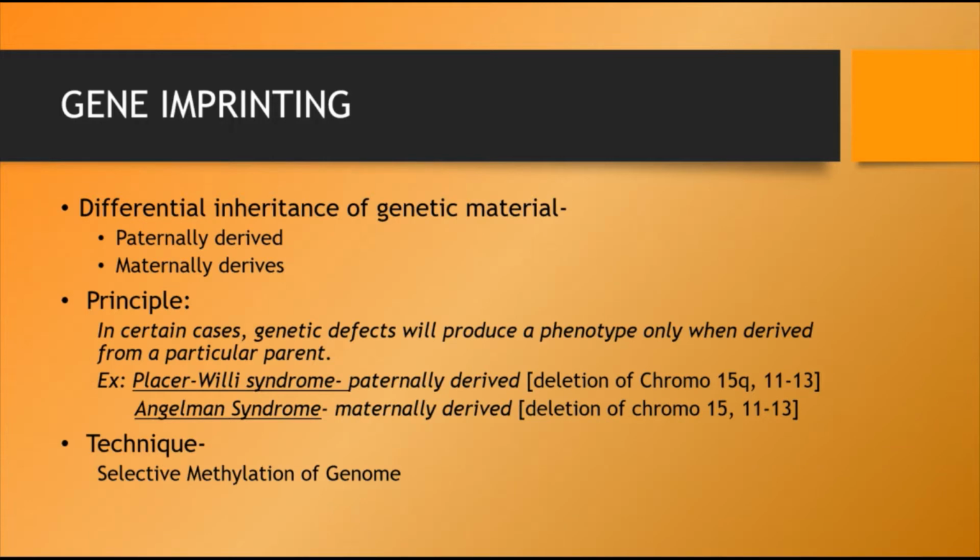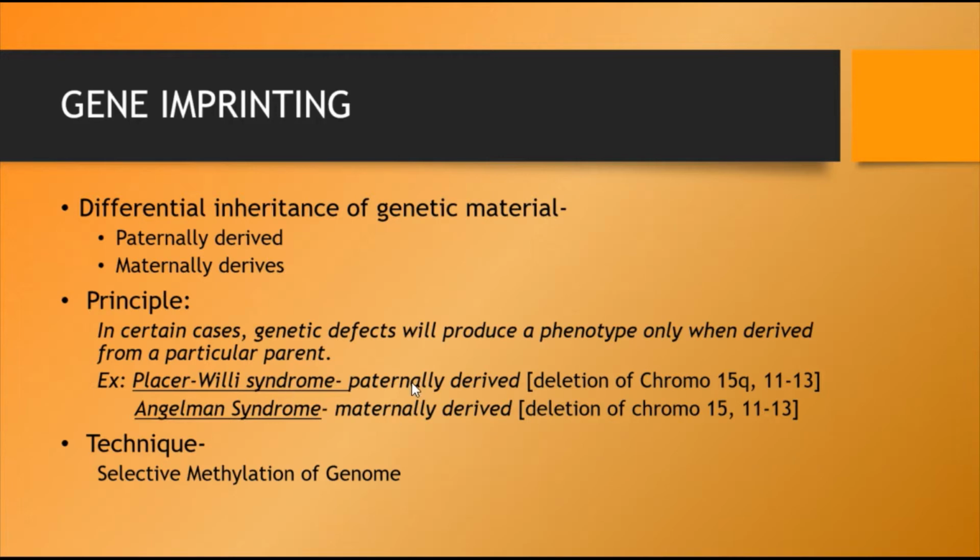Okay, so this theory of genome imprinting is basically based on the principle that in certain cases these genetic defects will produce a certain phenotype which is only derived from a given parent, a particular side of the line. Okay.